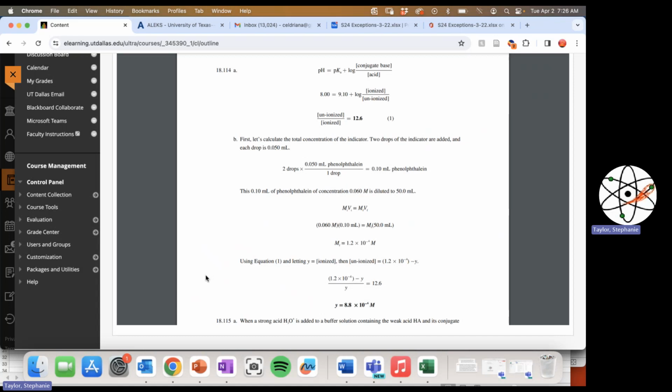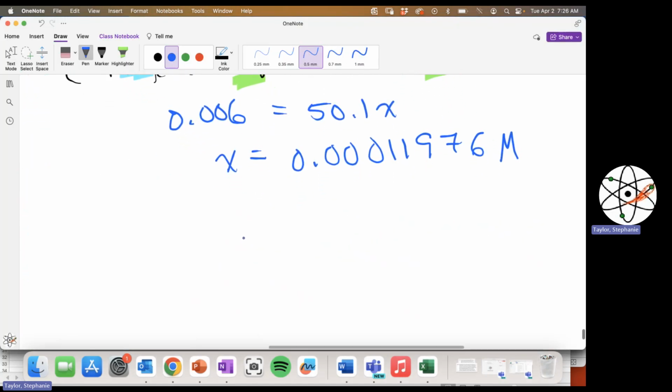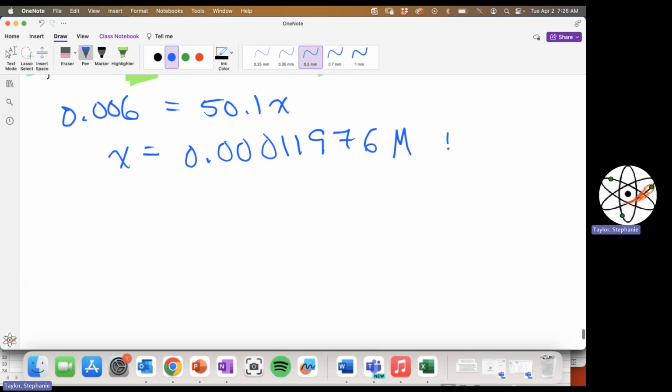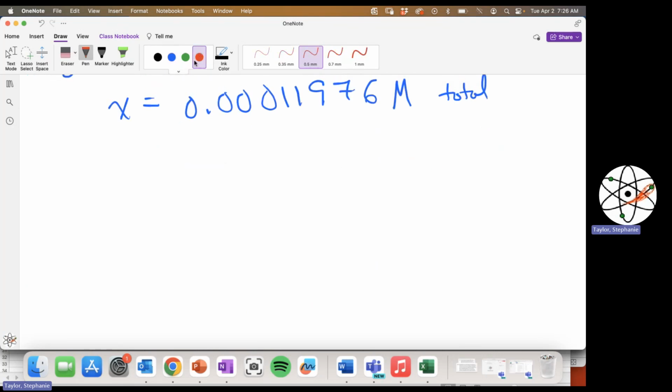Sorry, the reason I am hemming and hawing a little is because this is my total amount. Actually, let's just solve it the way the book did it and not reinvent the wheel. Oh, but I want to so bad. So badly do I want to do this a different way.